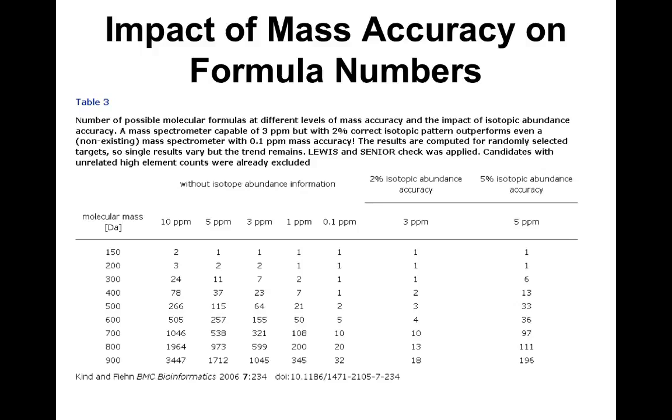Either you have an incredibly accurate mass spectrometer at 1 or 0.1 ppm, or if you use the isotopic abundance, then you can also shrink things down quite considerably. If you have a low resolution mass spectrometer, you can see how the number of possible matches increases quite significantly. You can also see on this table that as the molecular weight increases, the possibilities also vastly increase.